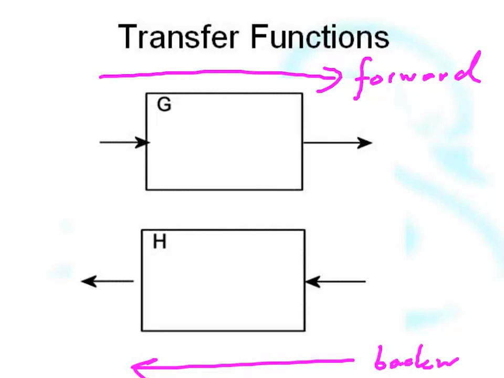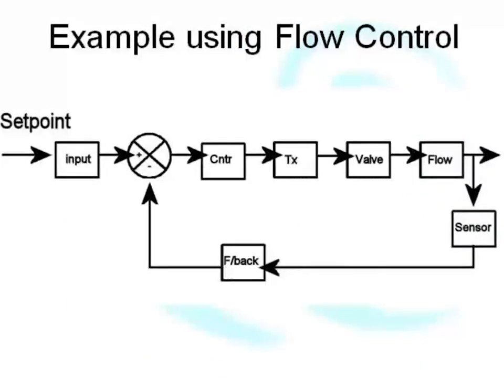So this top one is feeding forward, from the left to the right, which we say is the forward direction. And the bottom one is feeding from the right to the left, which we say is the back direction. This might make a bit more sense if I show you an example.